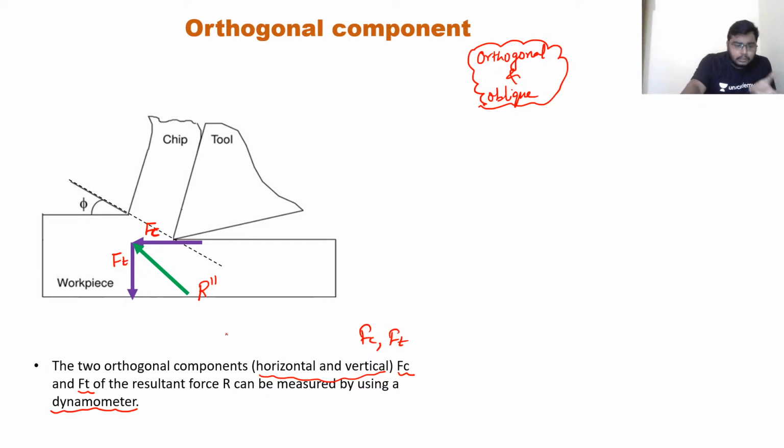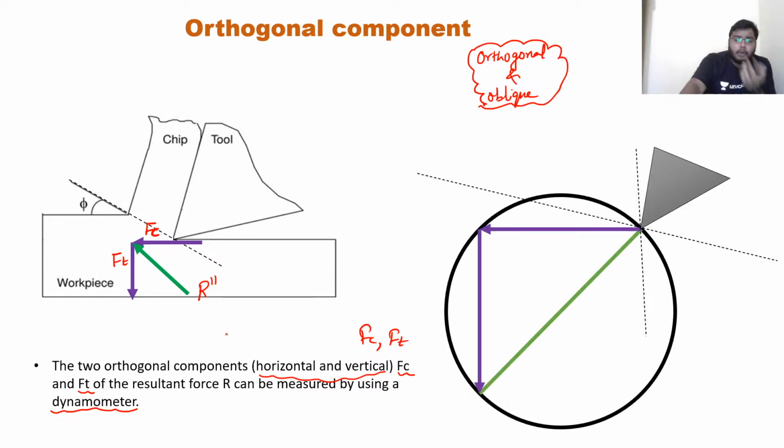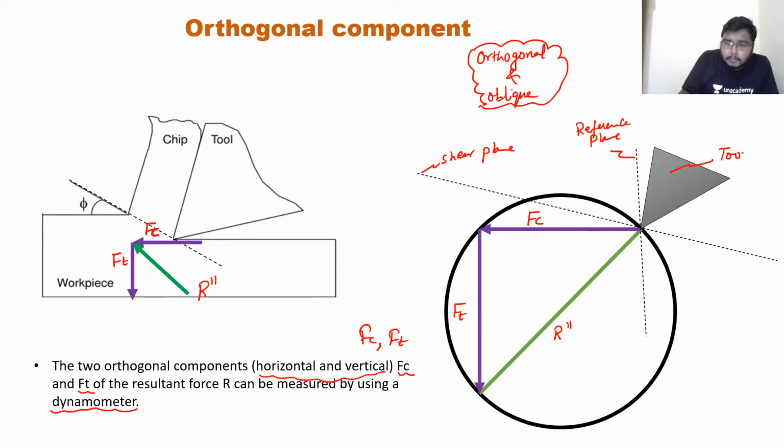And again, if I want these forces in a circle, then how does it look? It will look like this. This is your FC. This is your FT. This is your R double dash. This is your shear plane. This is your reference plane. This is your tool. And this angle is alpha. Clear? So this is how the things are there. Clear?